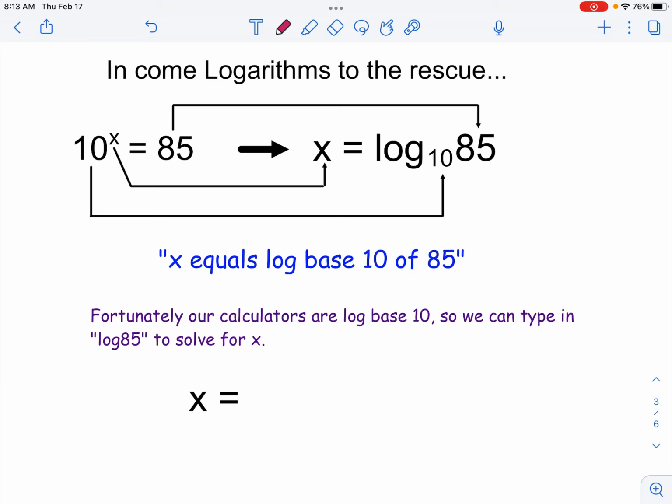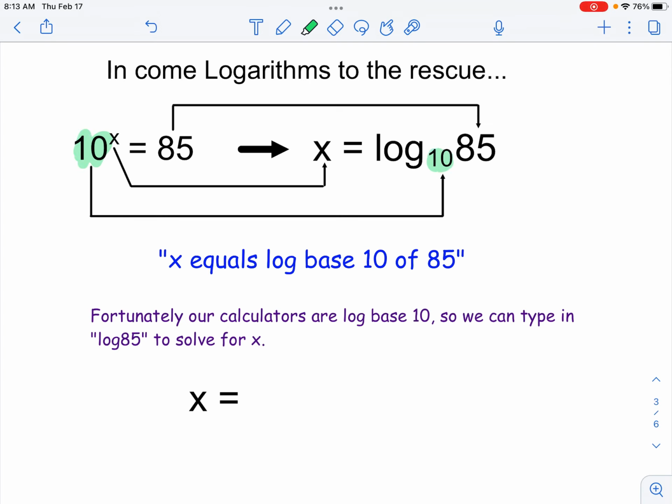Logarithms are another way to write exponents. That's it. 10 to the x equals 85 is the same as x equals log base 10 of 85. What's really confusing to students oftentimes is what a log is, and all it is is just an exponent. It's just an exponential equation written a different way. The reason we need to do that is because we need to find a way to solve for x in the exponent. To match these things up, 10 is our base on our exponent.